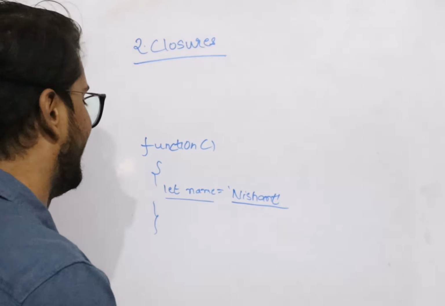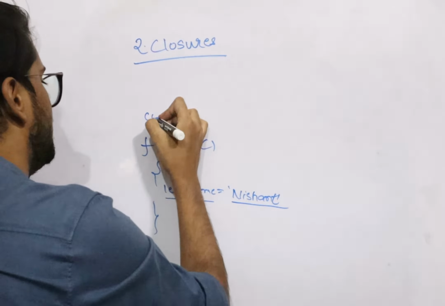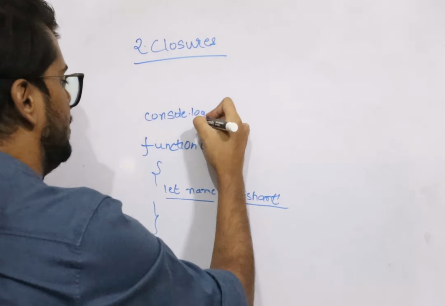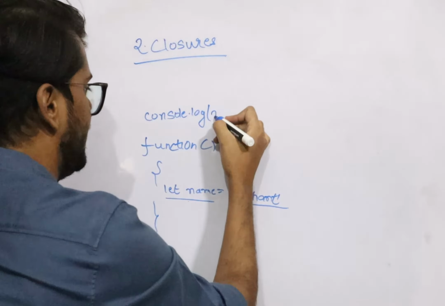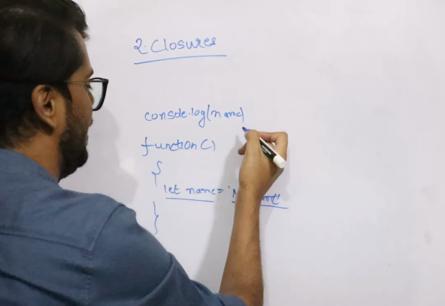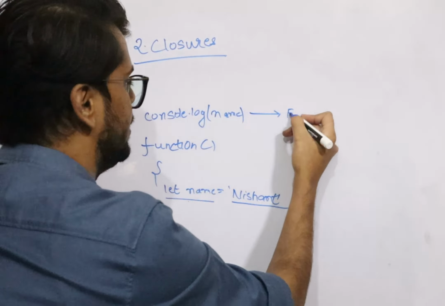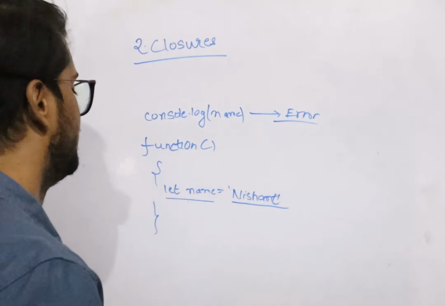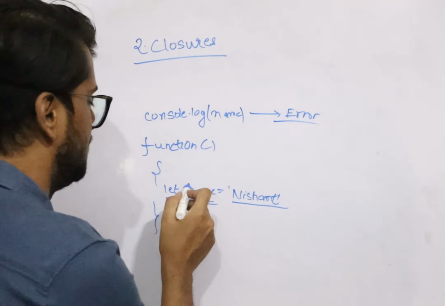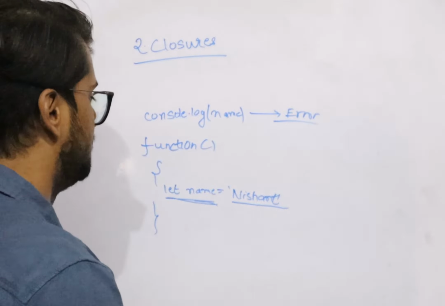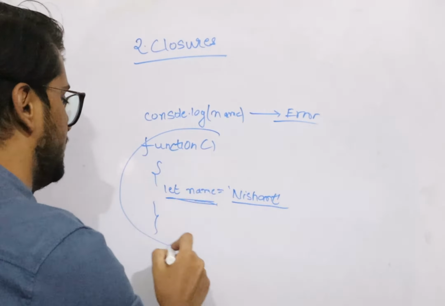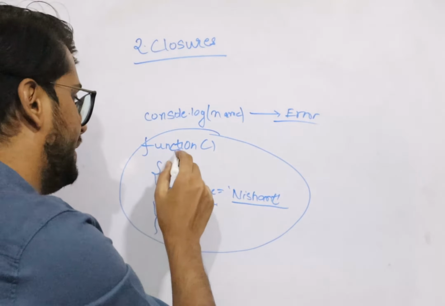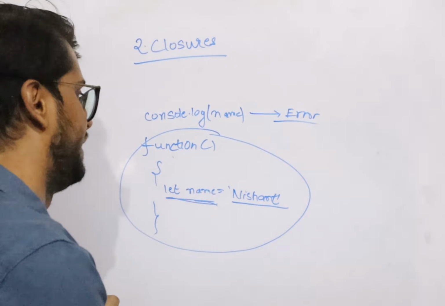If I try to access this or do a console.log of this name outside the function, this will not work. This will be an error. This is called privacy of variables, because this variable name is private to this function. It means it can only be used inside the function, not outside it.